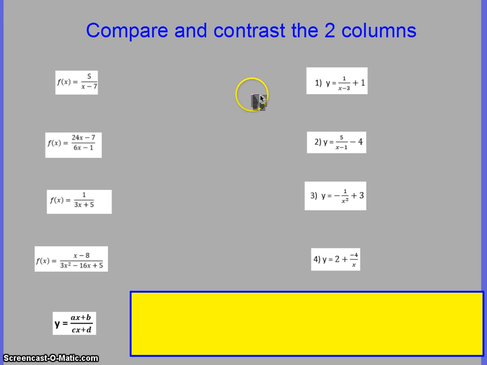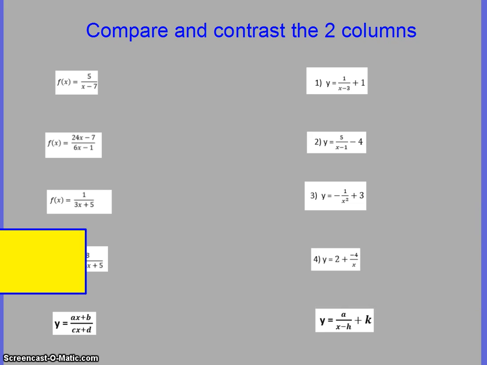And that's how they're different from this column. This second column of rational functions all have a constant that is either being added or subtracted from the quotient.